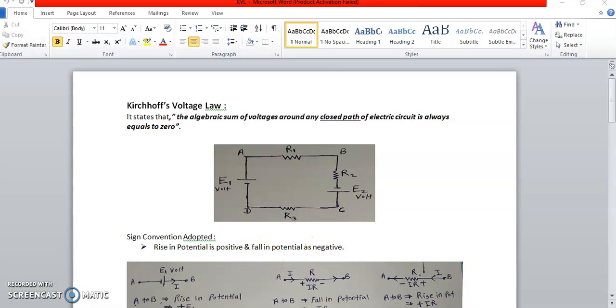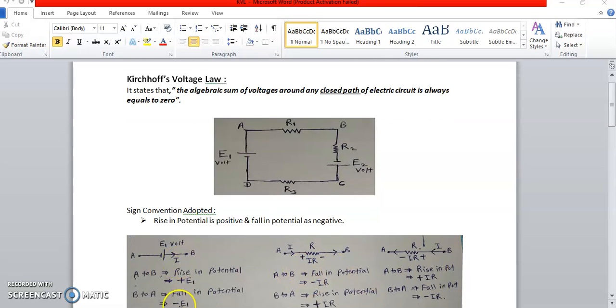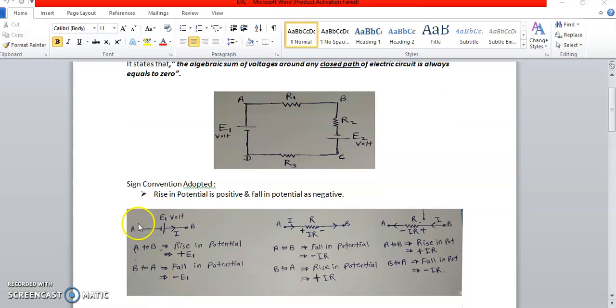be negative. To understand the rise in potential and fall in potential and the use of sign convention, consider these examples. In this example, see, this is a branch AB. In this branch AB, there is a source of EMF having potential of E1 volt.